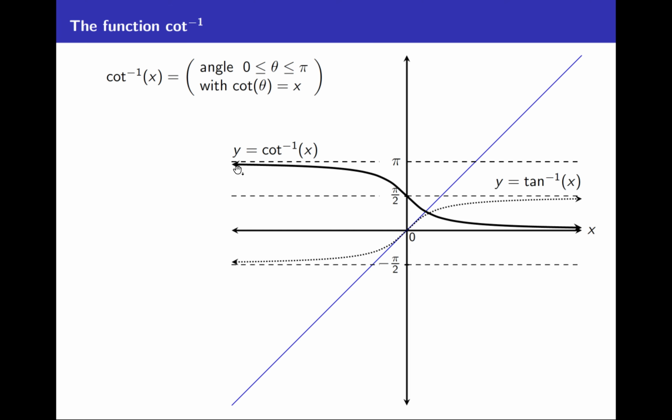In bold, we have the reflected y equals cotangent inverse here. And also in dotted, we have the familiar tangent inverse of x from earlier in today's lecture.